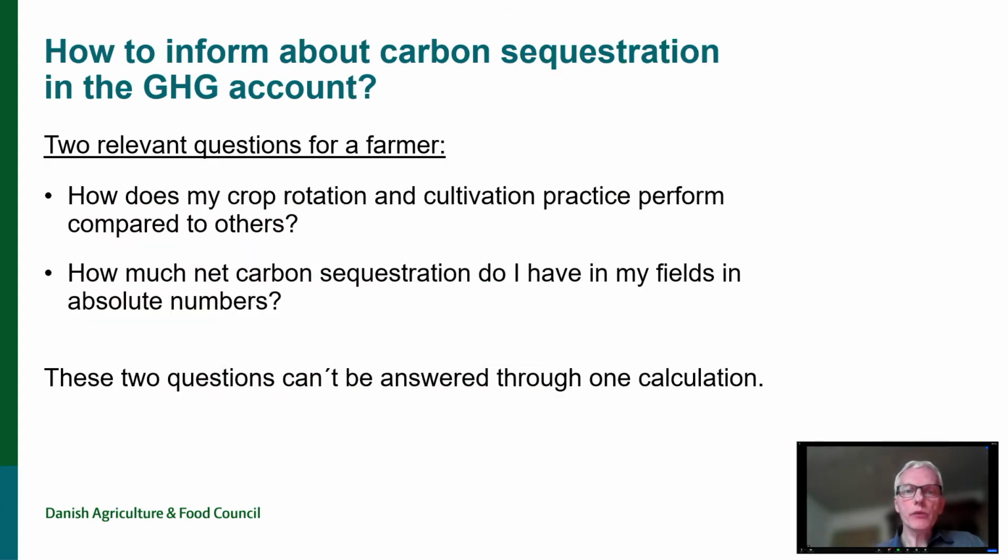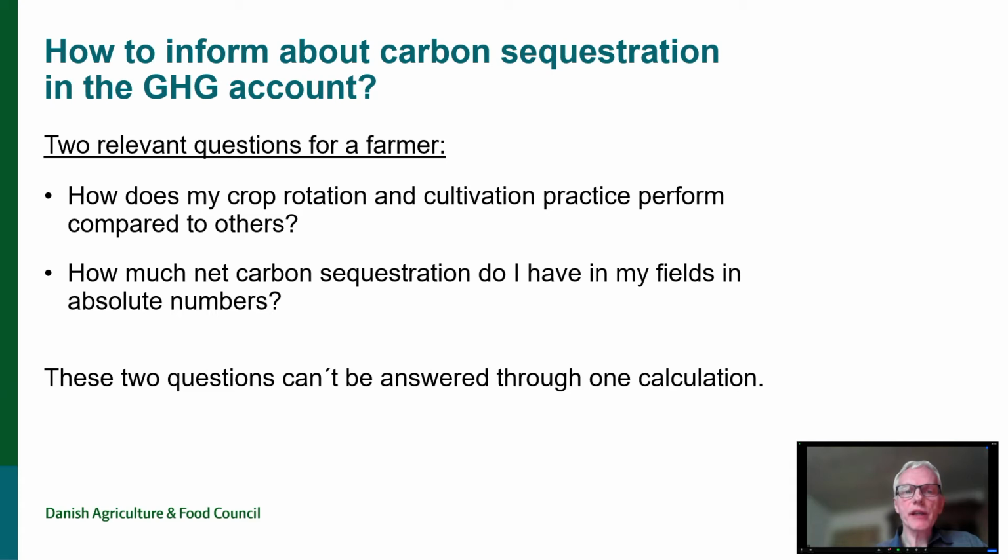It's more complicated with carbon sequestration because soils can both be a source for carbon dioxide and a sink. And I think we want to answer two questions for the farmer with the tool. We want to inform the farmer about how his crop rotation and cultivation practice perform compared to others.